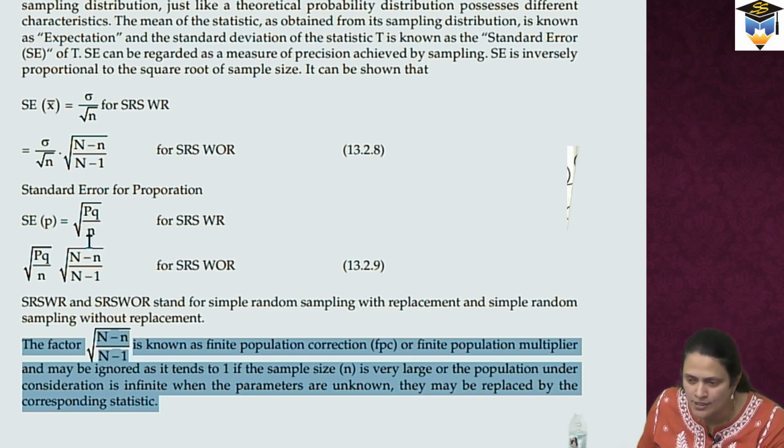So basically this is called as a finite population multiplier.